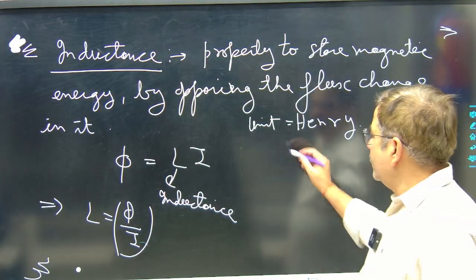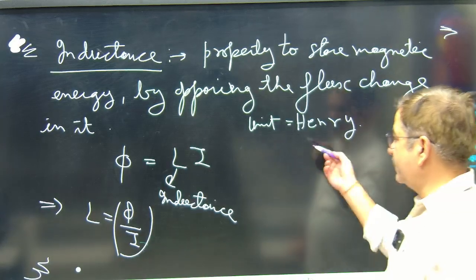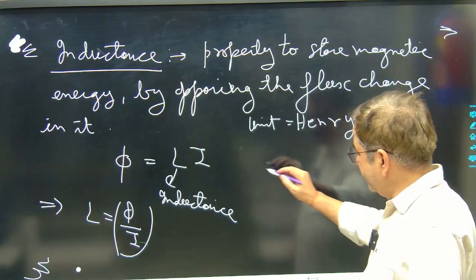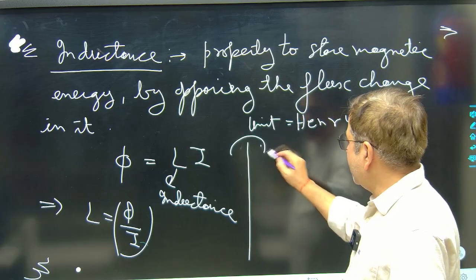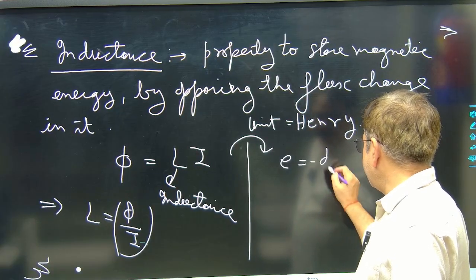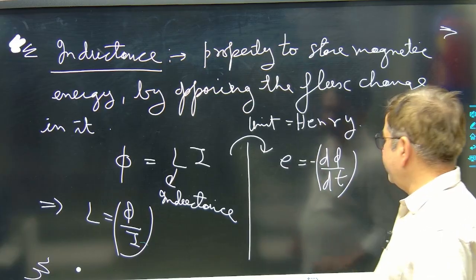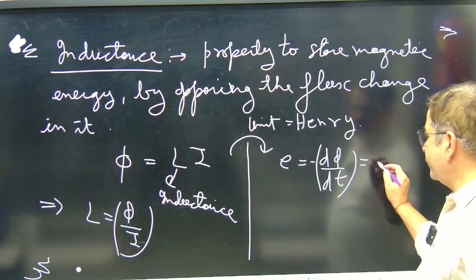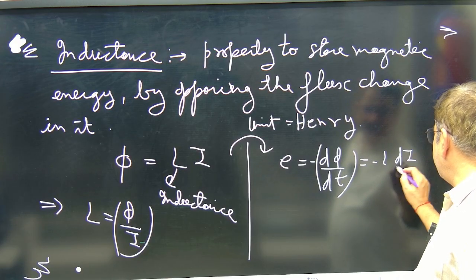Now, if we have to find this inductance for any geometrical size and parameter, that also we will see. Another way we can find this inductance: EMF E is minus d phi by dt, and that value is minus L into di by dt.